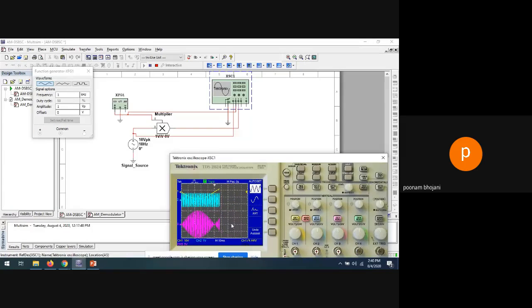So see, this type of signal, the modulated signal, you will get at the output of the multiplier. And this can be simply demodulated by making the envelope of this signal.